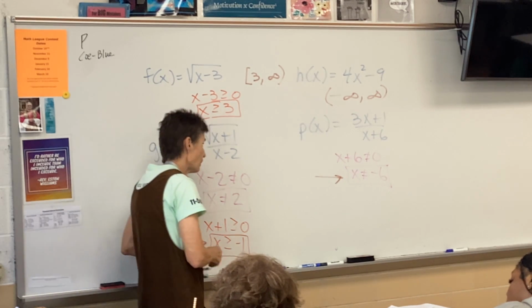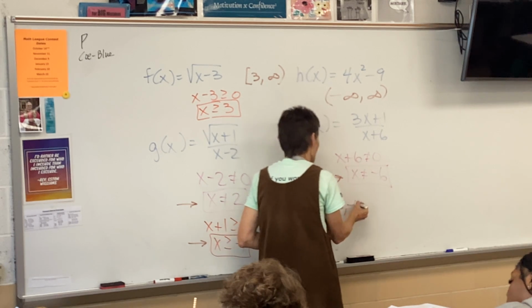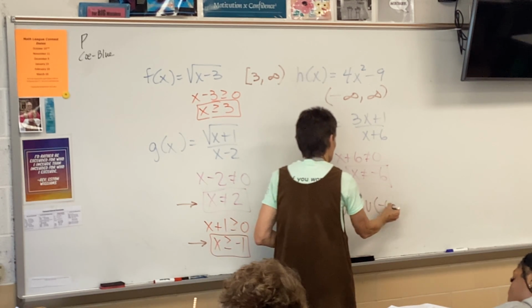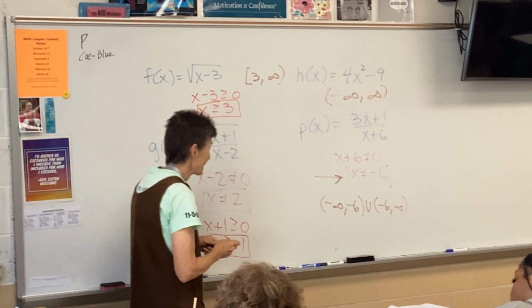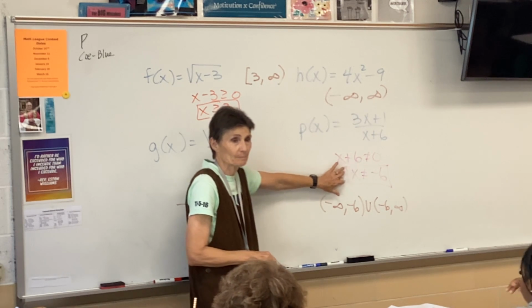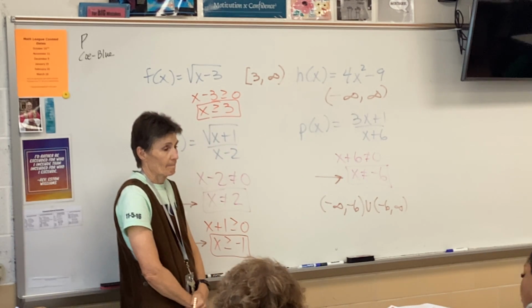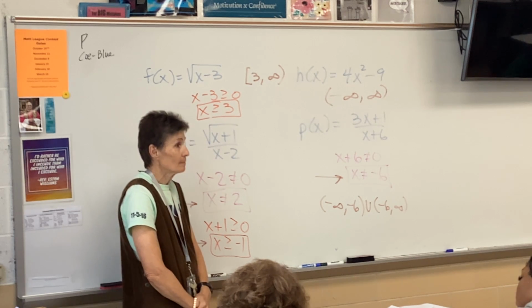If you want to write this as an interval, you can, but you don't have to. It's everything except negative 6. So it would look like that as an interval. I am perfectly good with that right there. Okay, we all right with that?